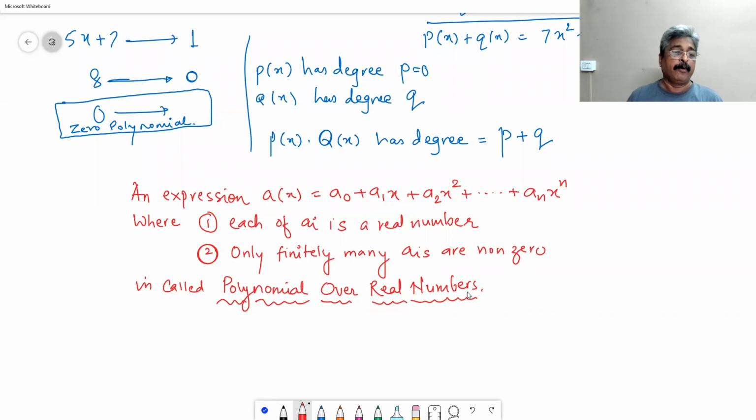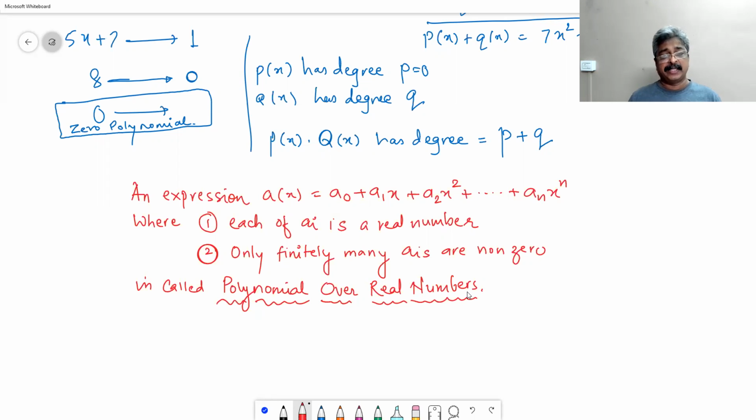Now let us understand what we mean by this. As I have explained earlier, all a_i must be real numbers, but then it can be a power series. In a power series also all coefficients are real numbers. If it is a power series over real numbers, all coefficients are real numbers. And the second point is important, which you need to remember: only finitely many a_i are non-zero.